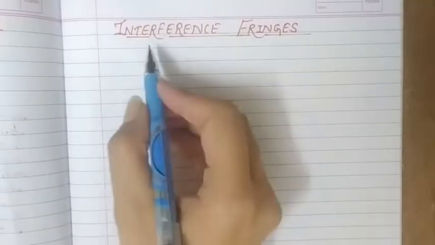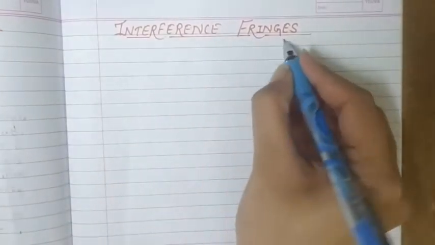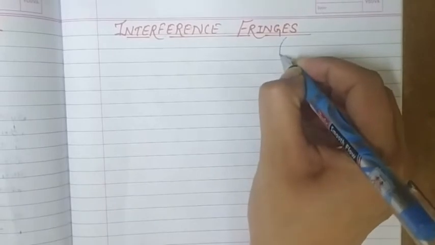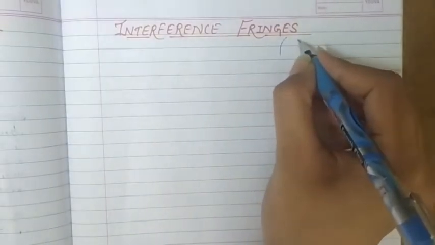Now in this part we are starting with the expression for the fringe width of these fringes. So the interference fringes we are obtaining, we are going to find their width, that is, we want to calculate the interference fringe width.